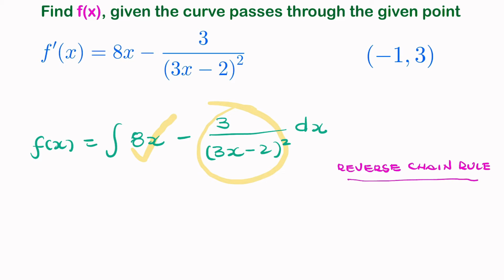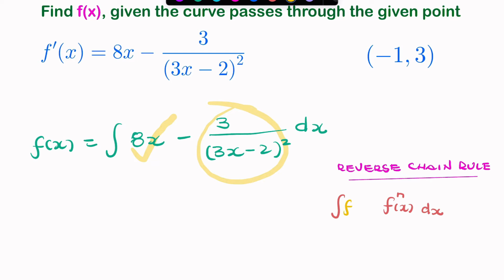So the reverse chain rule is where you have some function, so the integral of f of x raised to some power n dx. But that function f of x is multiplied by its derivative. So we have f of x multiplied by the derivative of f of x.